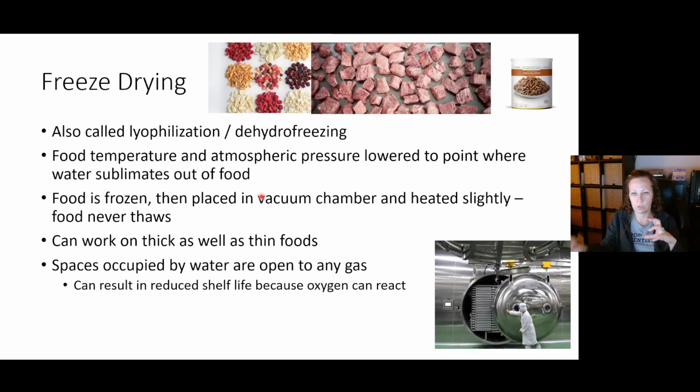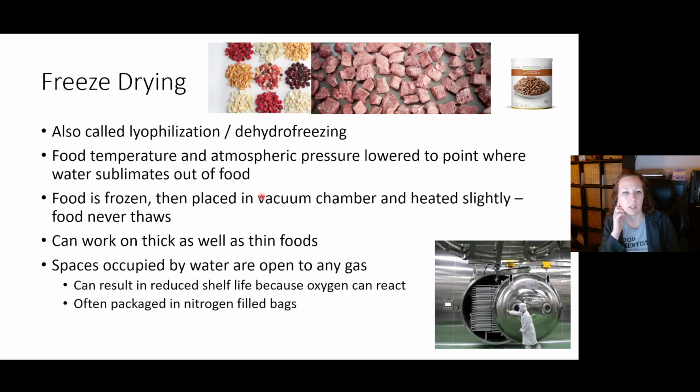And so those capillaries that were the way where the water escaped from shrink, and so you don't get as much oxygen exposure all throughout the food. Whereas with freeze drying, you don't have that shrinking, right? If you've seen freeze dried foods, like strawberries are probably the most common one, they're not shrunk; they're the size of regular strawberry slices. And so that means that oxygen can easily get in there and react.